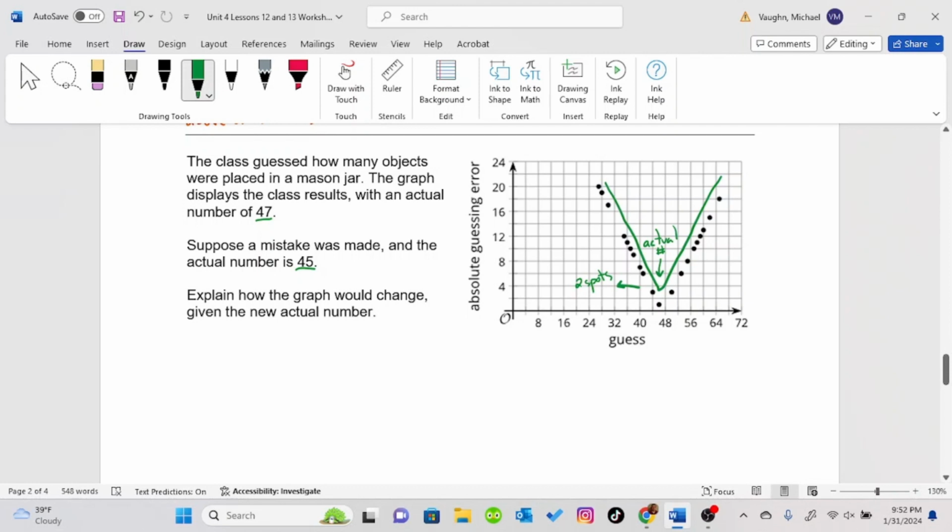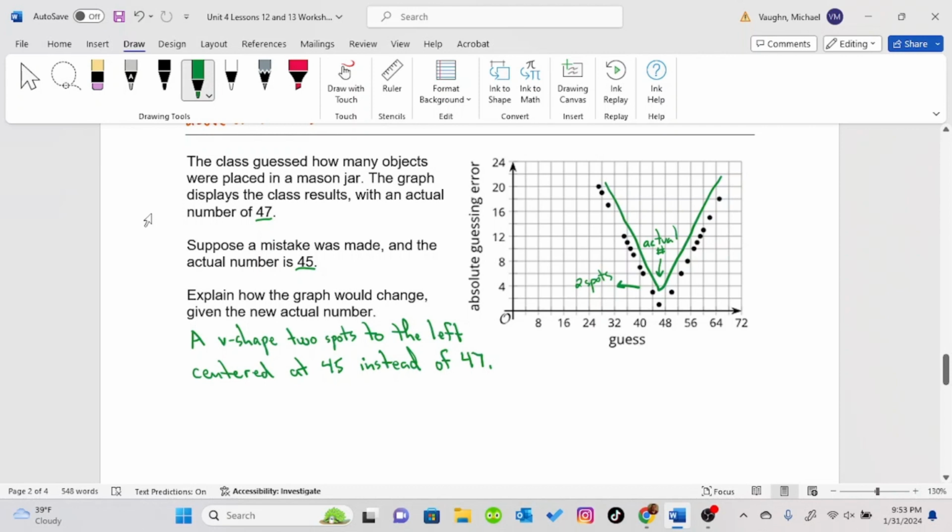Now we would have a V shape two spots to the left, centered at 45 instead of 47.